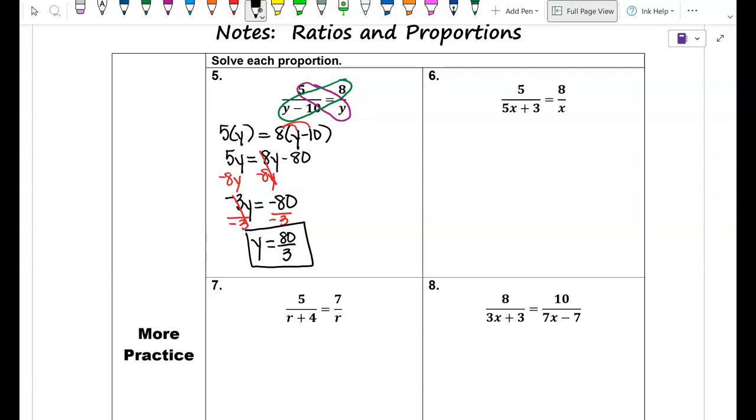Number 6, 5 over the quantity 5x plus 3 equals 8 over x. So one of my diagonals is going to be 5 times x, and that's going to equal my other diagonal of 8 times 5x plus 3.